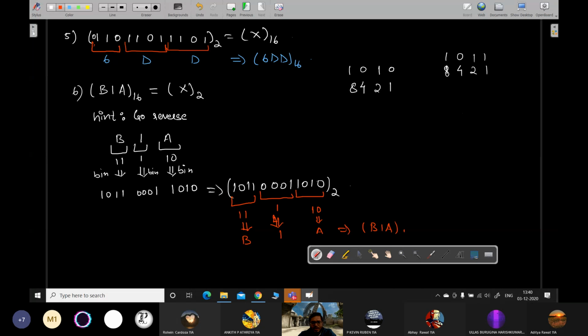Are you getting the same number as the question? Ankit? Okay, sir, got it. Now I have gone reverse. मैं यहाँ से B1A को, I have just converted reverse. B1A को, A is 10, this 1 is 1 only, B is 11. ठीक है?